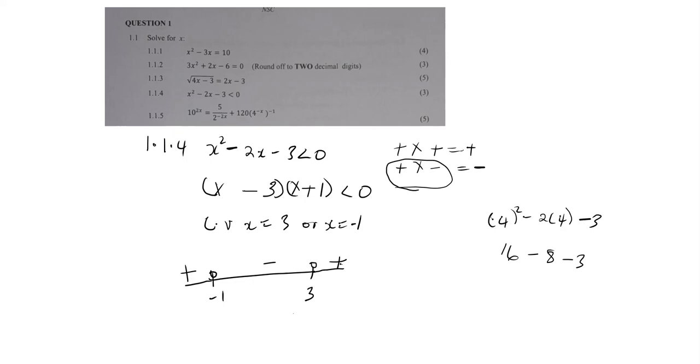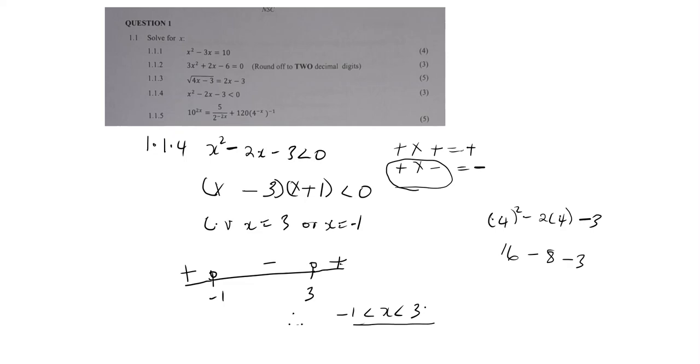So you'll simply say, therefore, the value of x will be between the two values: negative 1 less than x and x is less than positive 3. This is the solution. I hope you are following up to this point.